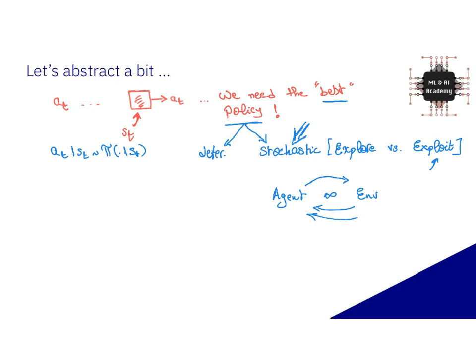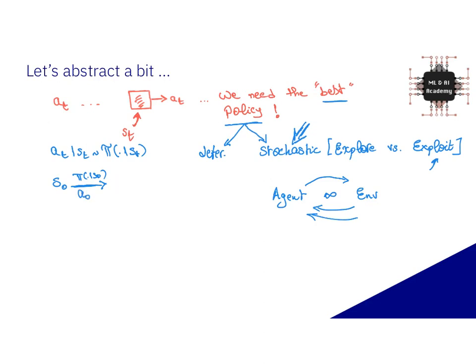Now as the agent interacts with this environment, it will collect some form of a trajectory. For example, it will start at some state S0, which is maybe given to us or drawn from some distribution. Given S0, the agent uses the policy pi to get an action A0.